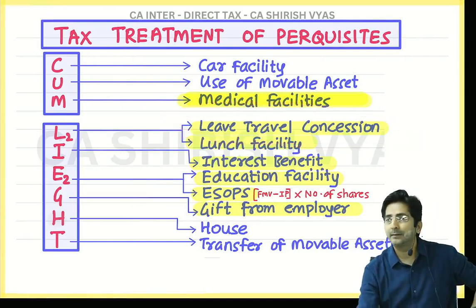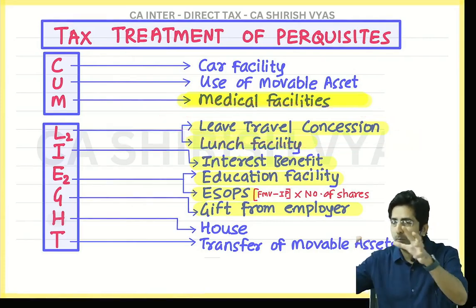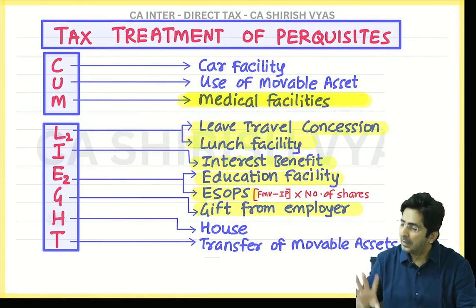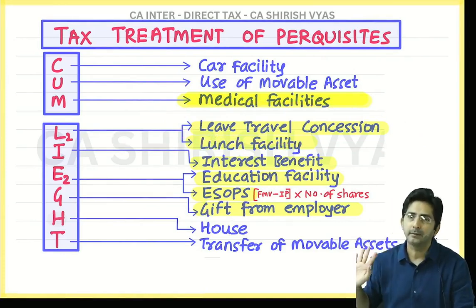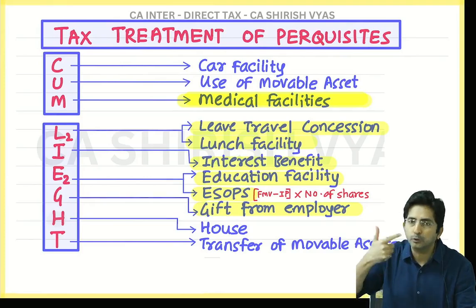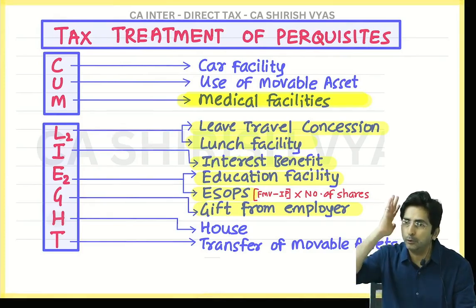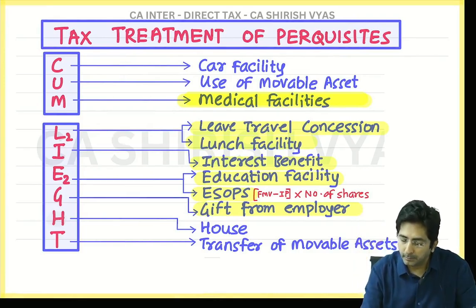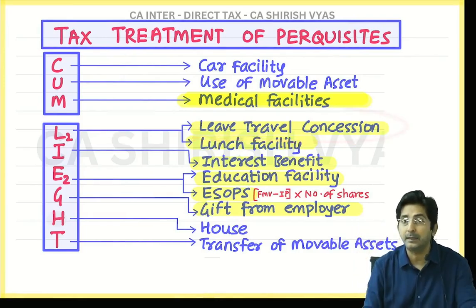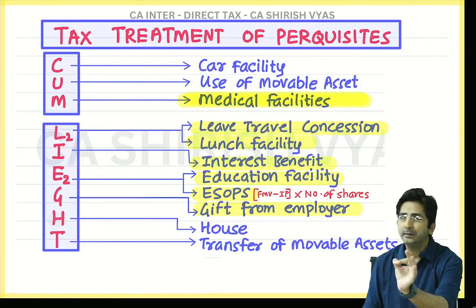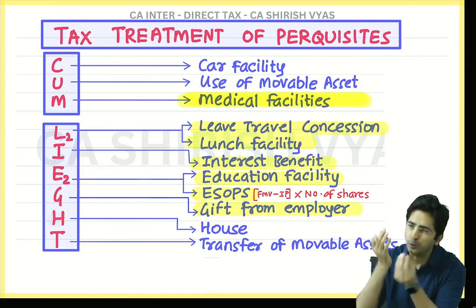But since I don't want to pressurize you with sections, I am giving them wherever required. Right now I mentioned Rule 3 also because someone asked, so I had to tell you. But you don't have to worry, just remember that wherever section 10 is there, that is the basic thing a student should know.